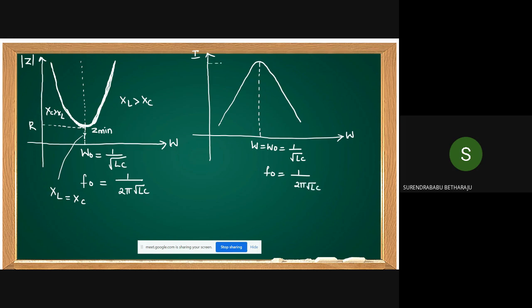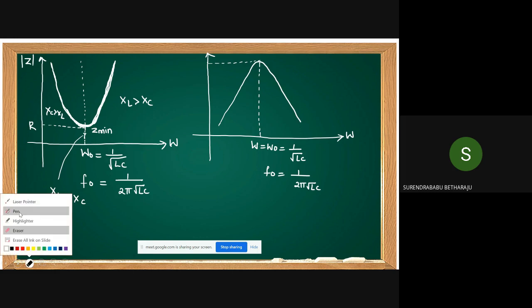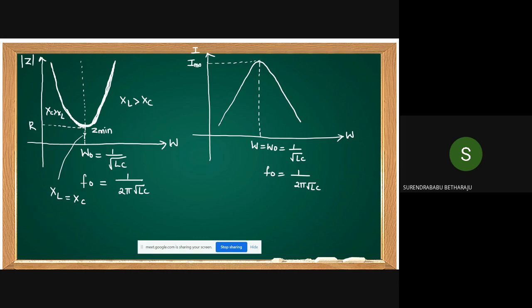This point corresponds to which current? Maximum current, I max, where I max equals V by R, and V is the supply voltage.